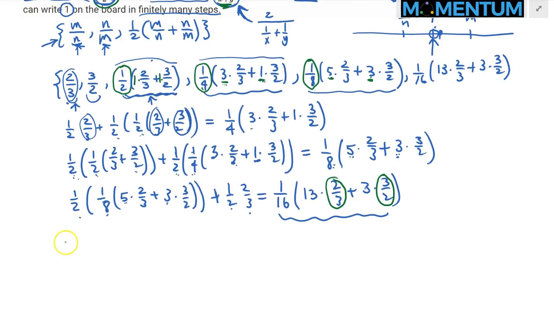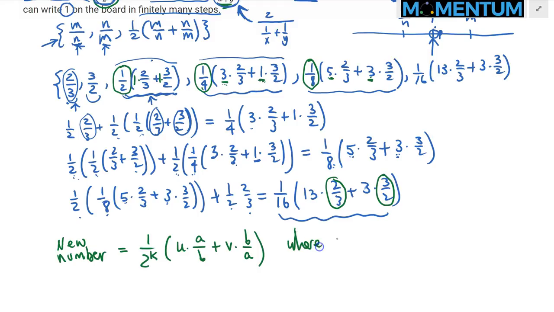But the main idea is each time we obtain a new number, it would look like a power of 1 over 2^k, and then we have our two original fractions, let's say a over b and b over a, and then they have coefficients in front of them, let's say u and v, where u plus v is equal to 2^k, this number. Do you guys see that?